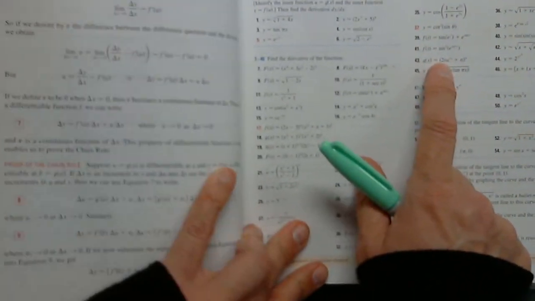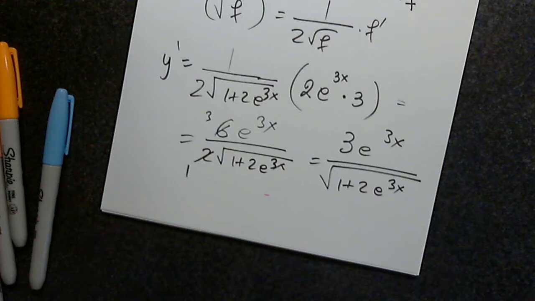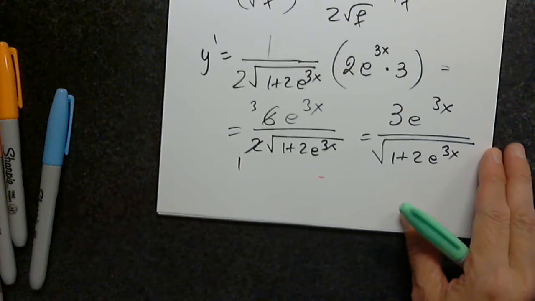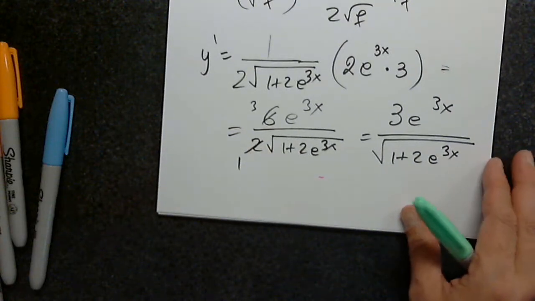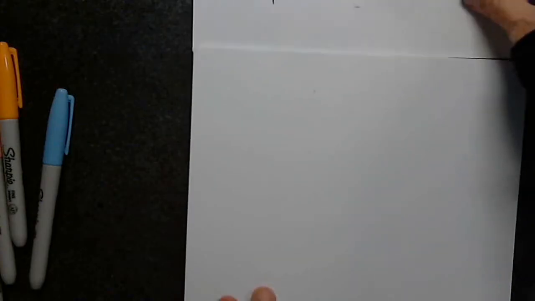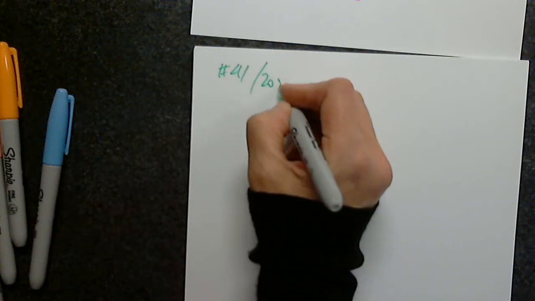So we have sine squared of e to sine squared t. Are they both squared or cubed? Yeah, they're both squared. Okay, so we picked 41 on page 205.